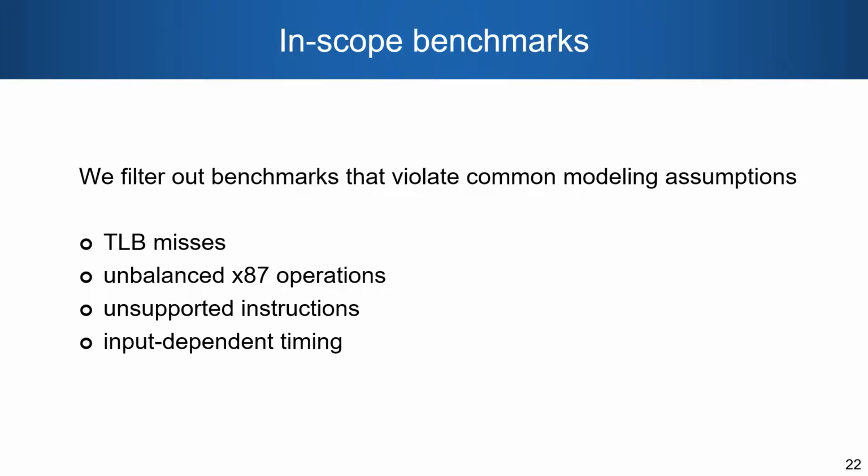We have identified several additional classes of basic blocks that violate such assumptions, and because of this, we also filter them out. This includes, for example, benchmarks with TLB misses, benchmarks that contain unbalanced x87 operations or unsupported instructions, and benchmarks with input-dependent timing, which are handled inconsistently by previous tools.